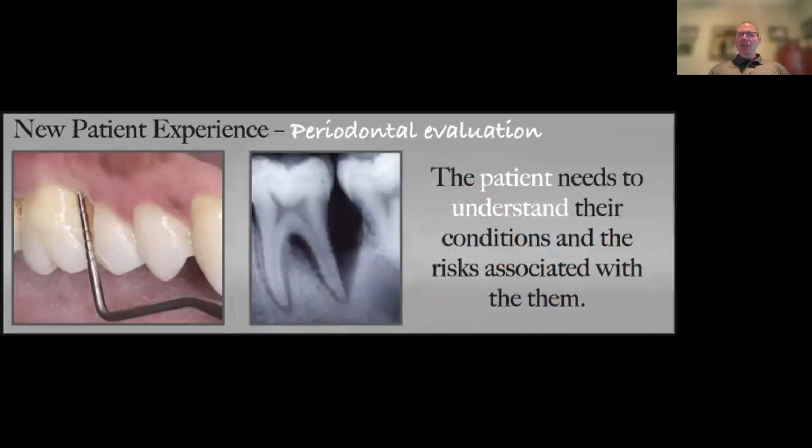But it's important after that new patient examination that the patient understands their conditions and the risks associated with them. We talk about the benefits of doing treatment and the risks associated with not doing treatment. I want the patient to understand enough so they can make a decision that's best for them.